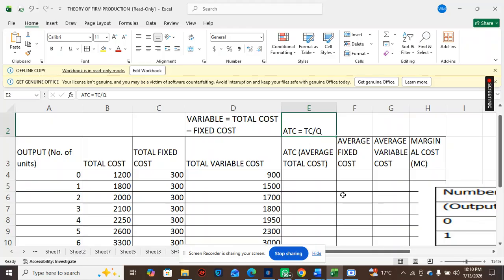So when we produce 0 units, the average total cost is our total cost 1,200 divided by 0 units. 1,200 divided by 0.